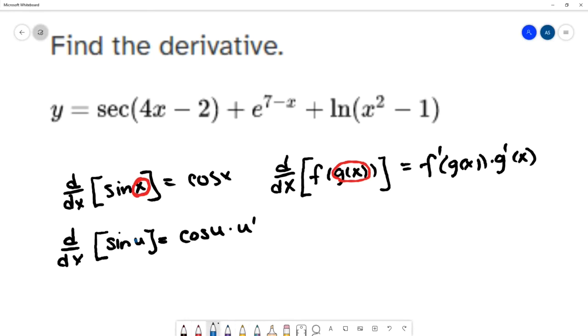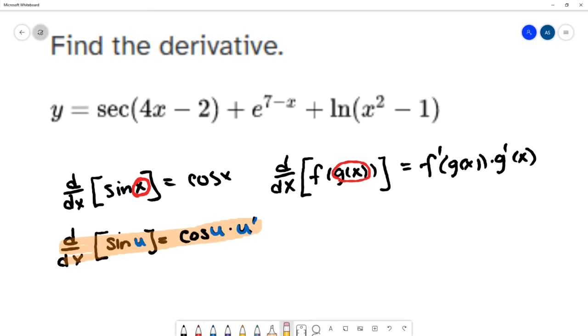You see that we have our inside function. Our inside function stays the same, and we chain by multiplying by the derivative of the inside function. So I'm going to explain how we would calculate this derivative if you memorize the rules in a way that the chain rule is built in.